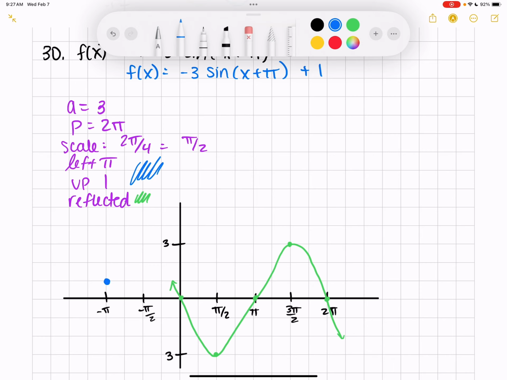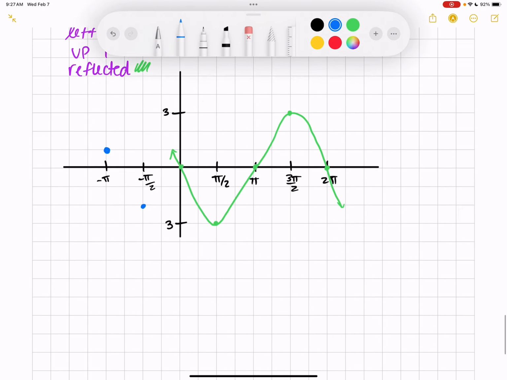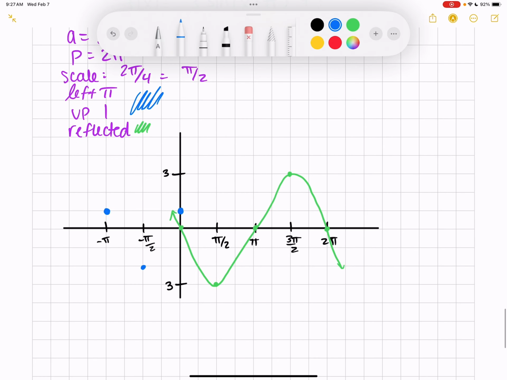This one, left pi, up 1. This one, left pi, up 1. This one up here, left pi, up 1. Here, left pi, up 1. So this is the final graph, there in blue.